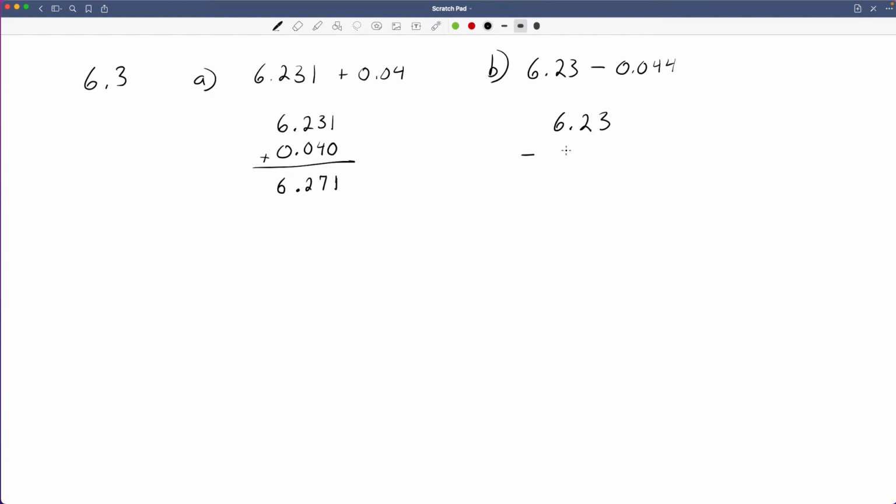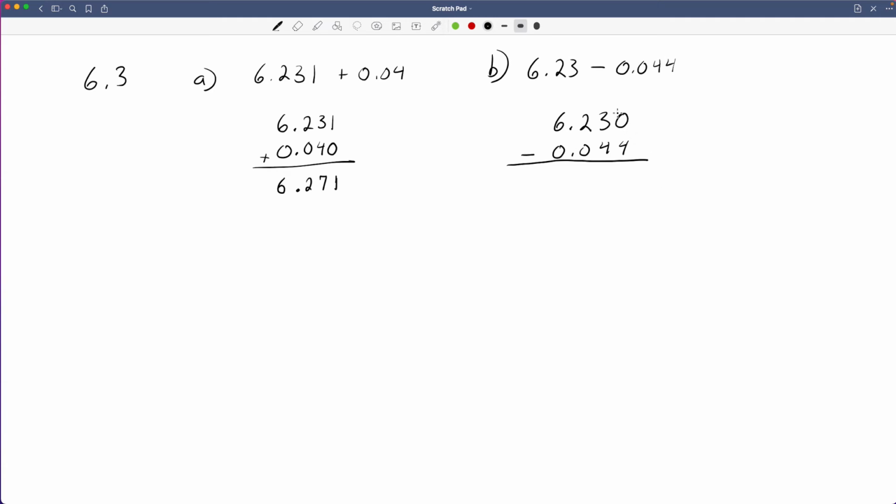So this is a subtraction, 0.044. So we have more spaces here than we do up here. Same thing we did over here. We just put a 0 to fill in the gap. And then we do our subtraction just like we normally would, being careful to keep our numbers stacked on top of each other and our decimal places in a line.